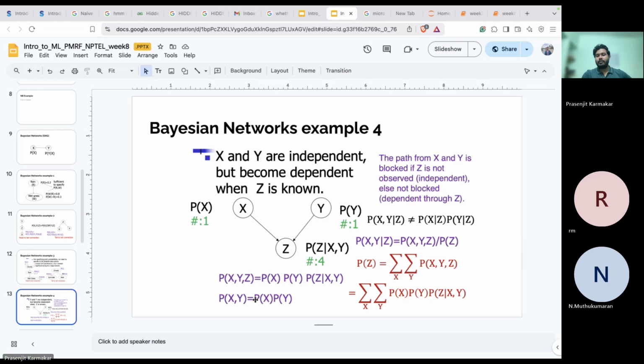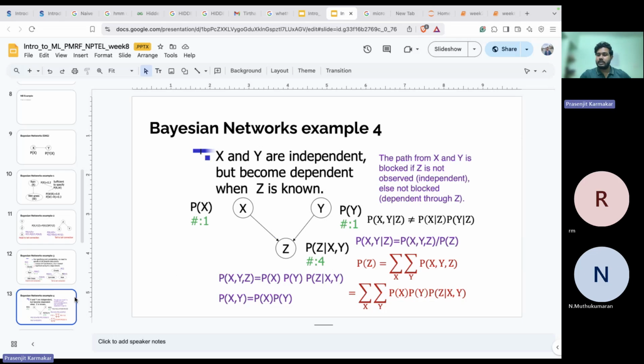They are independent, so we can just multiply them, and use the Bayes theorem to compute P of z given x, y. So P of x, y given z, and then we just do the same Bayes theorem approach for computing P of z given x, y.